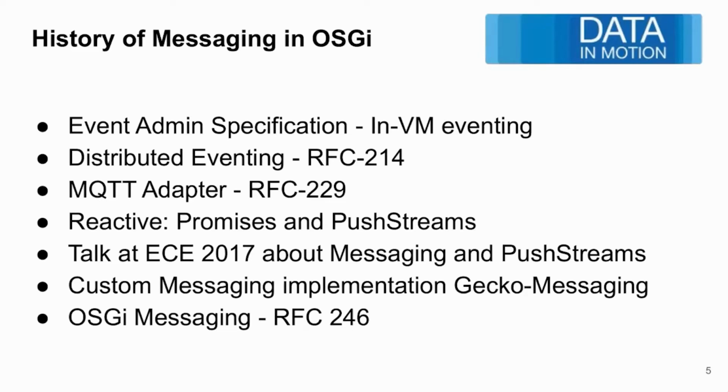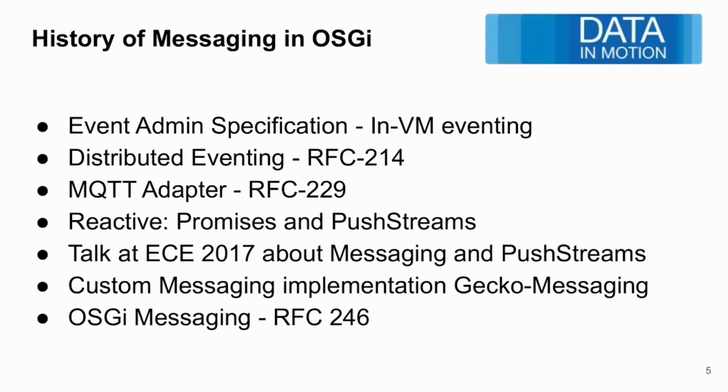for certain reasons. So some years ago, we at Data and Motion started a project called Gecko Messaging that had the goal to have one API with different protocol implementations, in our case AMQP, WebSockets, CAN, and MQTT.